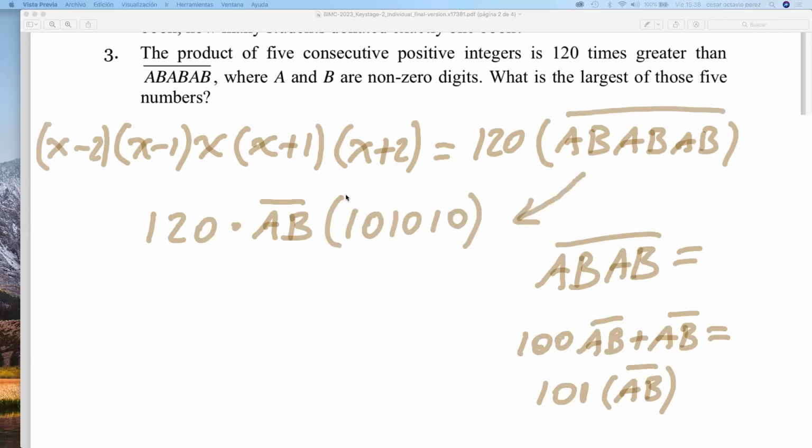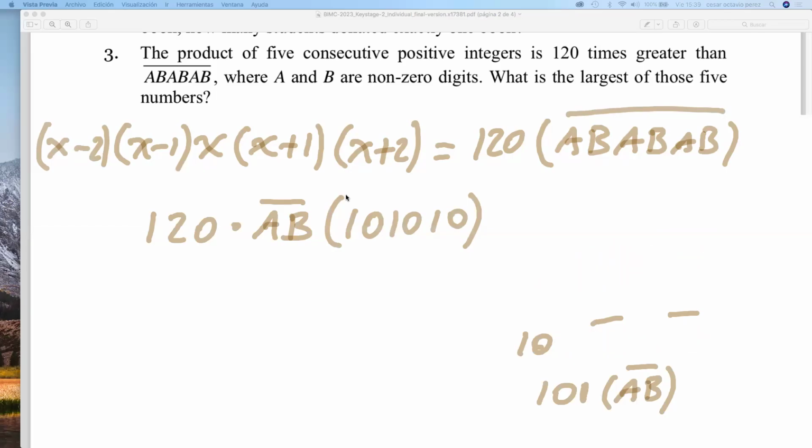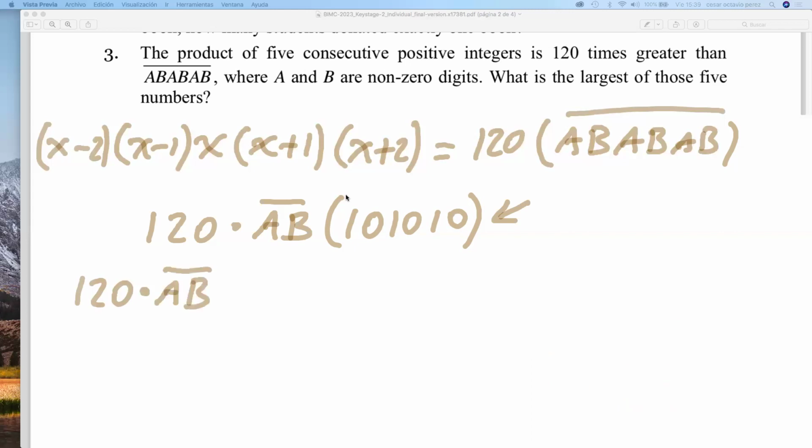Okay, let's try something. We want 5 consecutive numbers. This is a multiple of 10. This will be a multiple of 3.